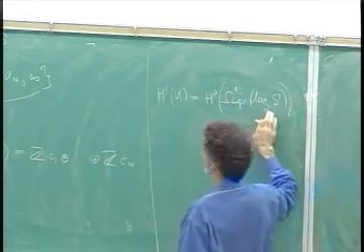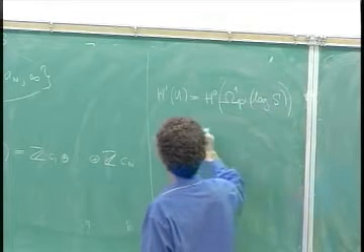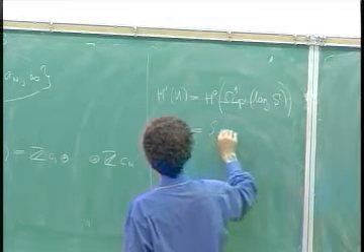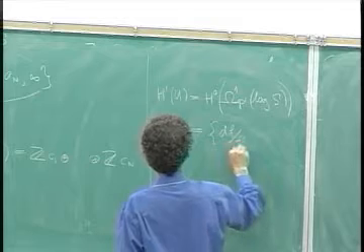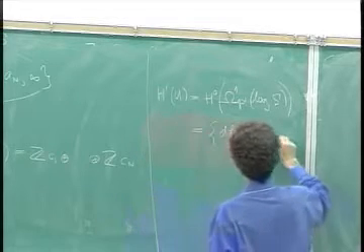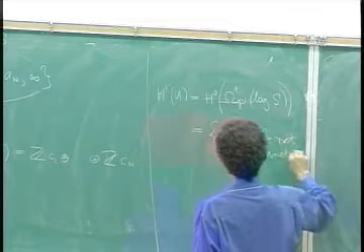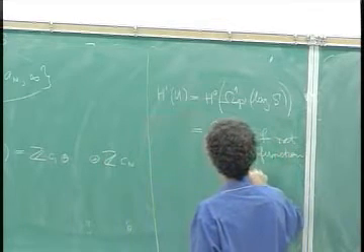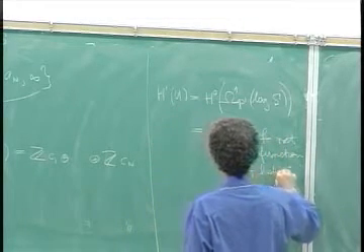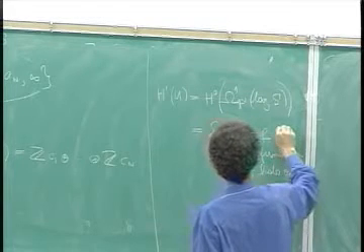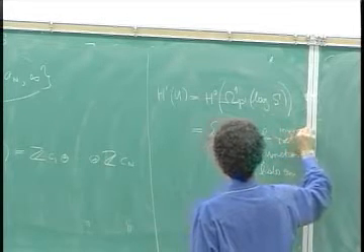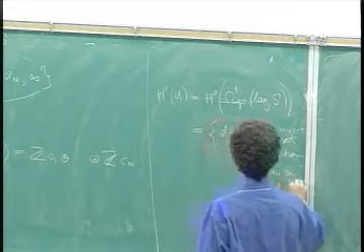I wrote it like that because it's the standard terminology, but this is none other than the set of df over f, where f is an invertible rational function, holomorphic on U, right?